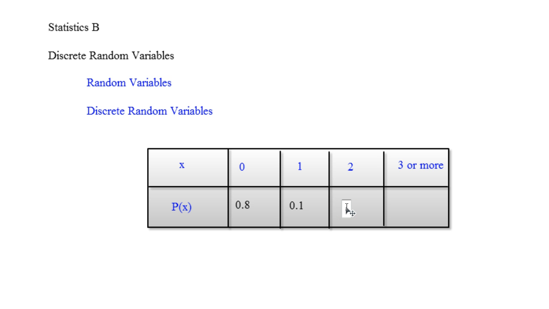They'd probably hit two home runs about 0.07. And then three or more home runs, and this is obviously very statistically skewed, about 3% of the time.